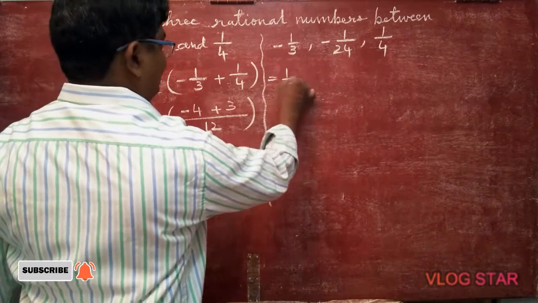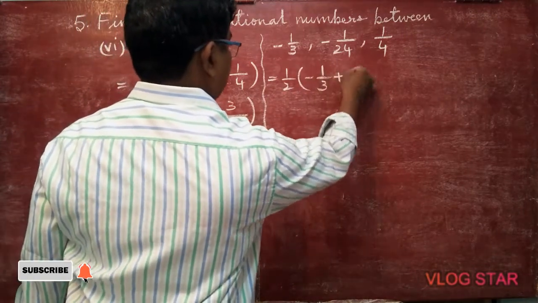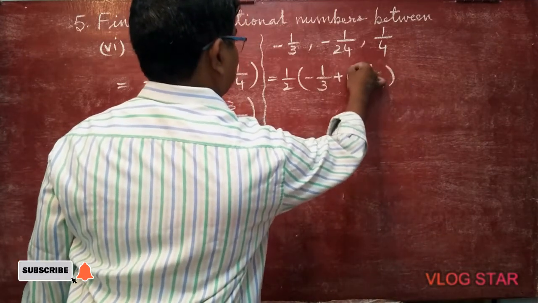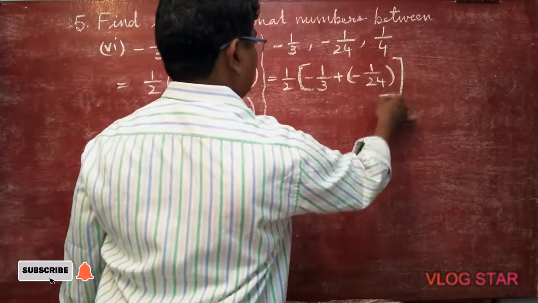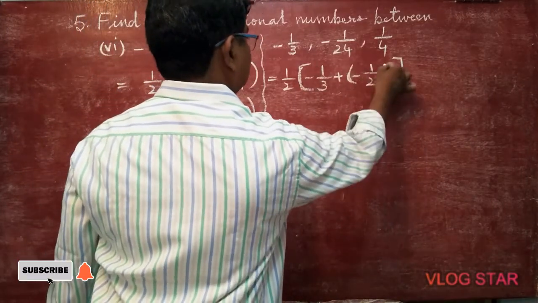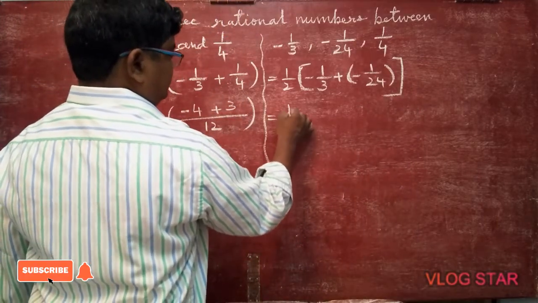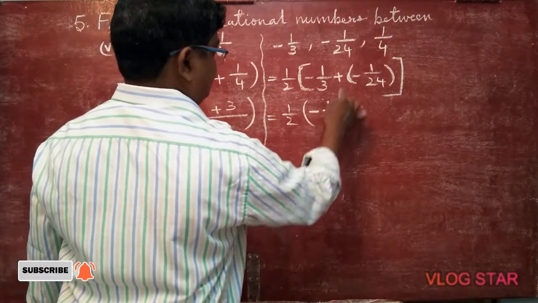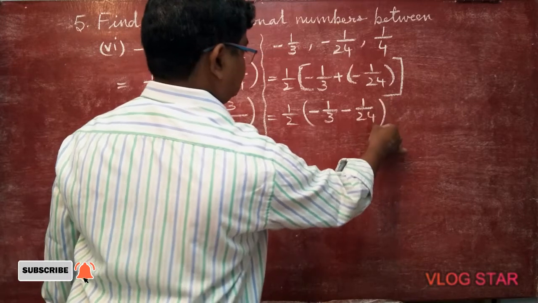So half of minus 1 by 3 plus minus 1 by 24. Then here the bracket changes to square brackets, because already one bracket came inside. Now that is equal to 1 by 2 into minus 1 by 3 plus into minus, minus 1 by 24.